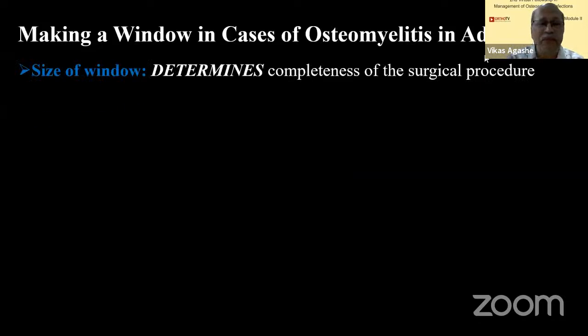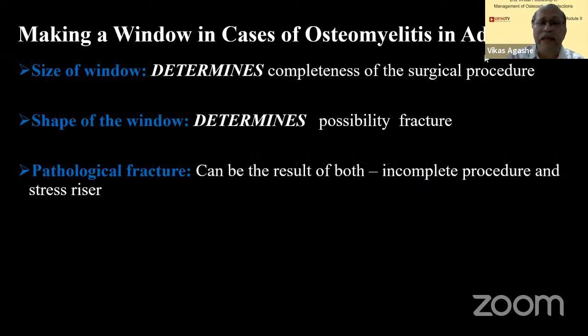Next, please. So remember, the size of the window determines the completeness of the surgical procedure. Unless you have an adequate size window, you will not be able to complete the surgical process. While the shape of the window determines a possible fracture. And a pathological fracture can be a result of both.